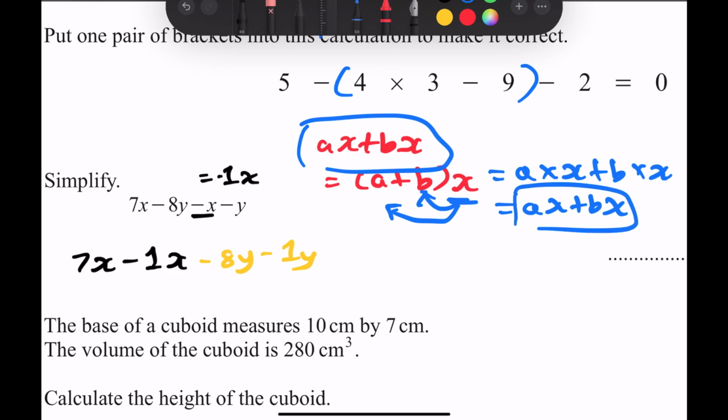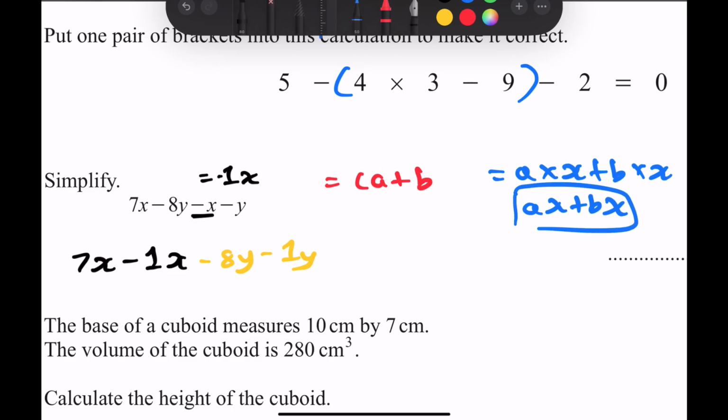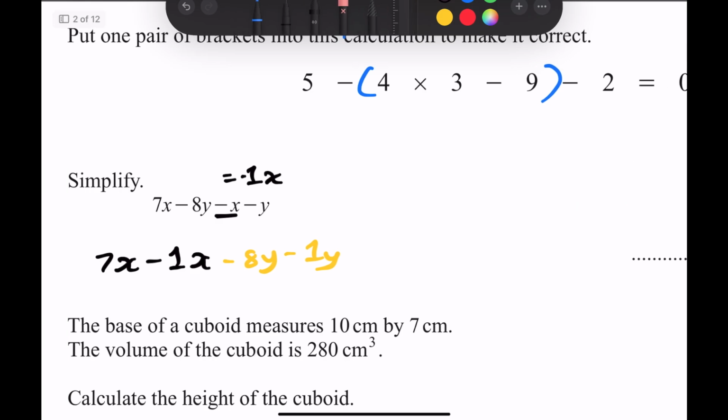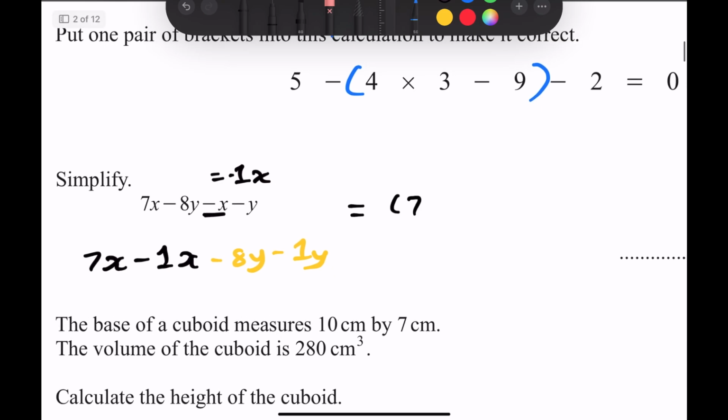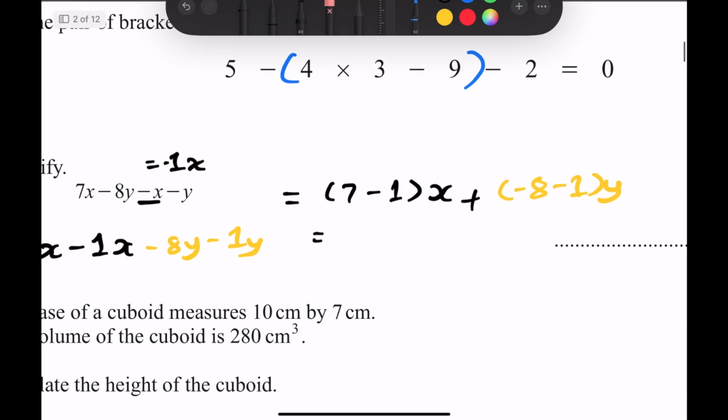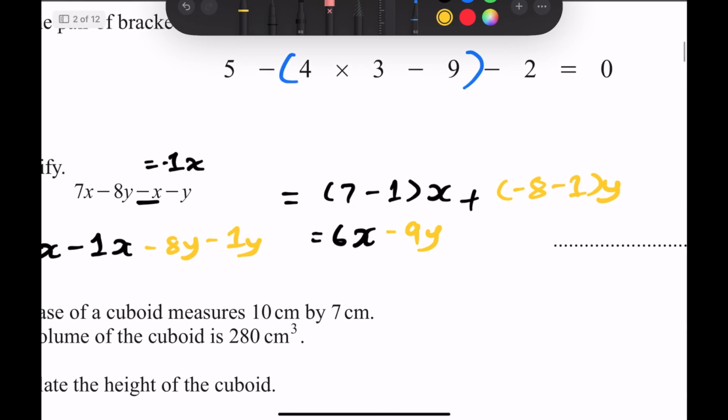Therefore, using this principle, we can rewrite 7x minus 1x as (7 minus 1)x, plus (minus 8 minus 1)y, and this is equal to 6x minus 9y, and this is your answer for question 3.